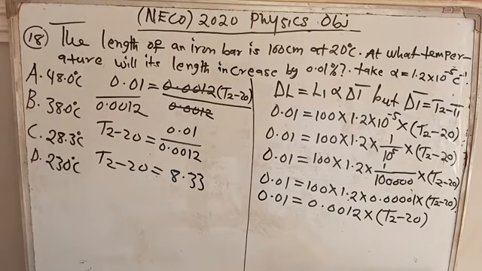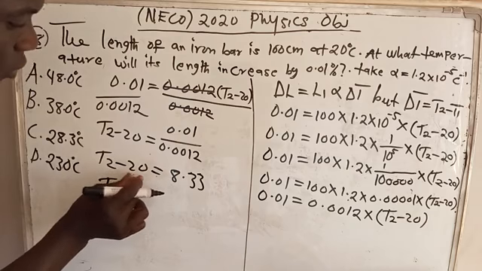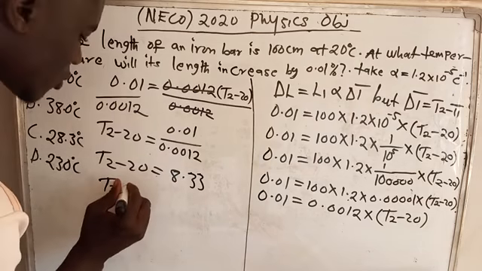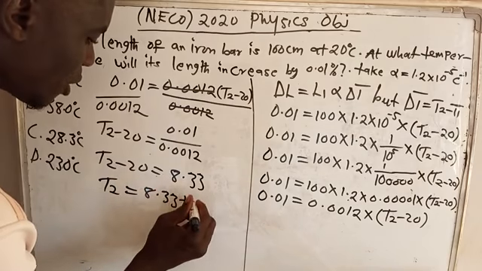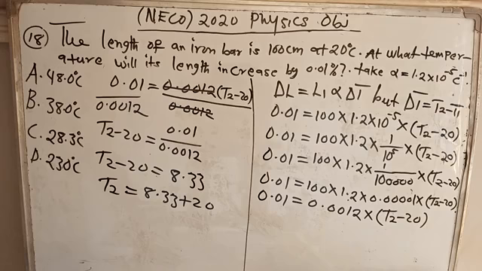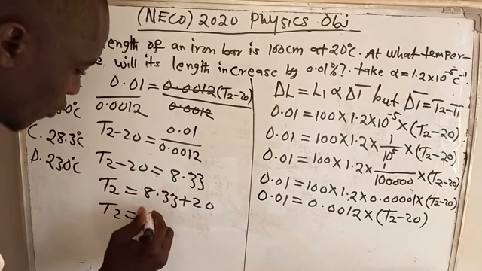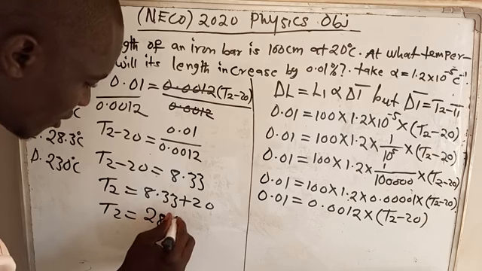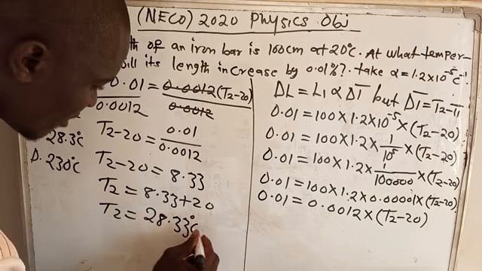Let's pick 8.33, so that we take this to the other side. T2 minus 20: when minus 20 goes to the other side, it changes to plus 20, so it will be equal to 8.33 plus 20. So our T2 will be equal to 28.33 degrees Celsius.